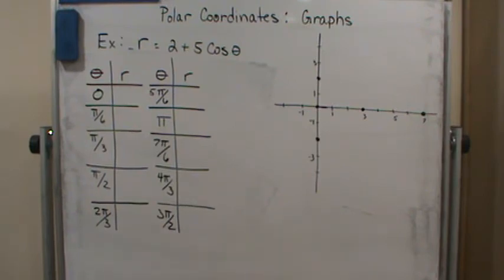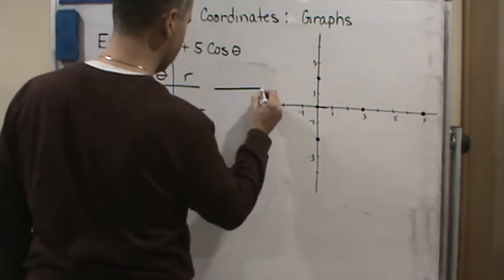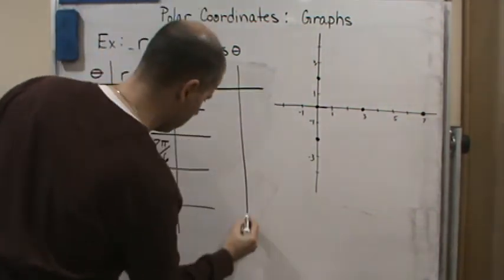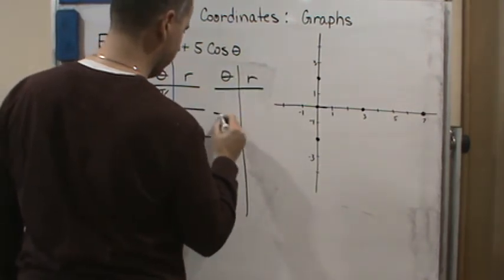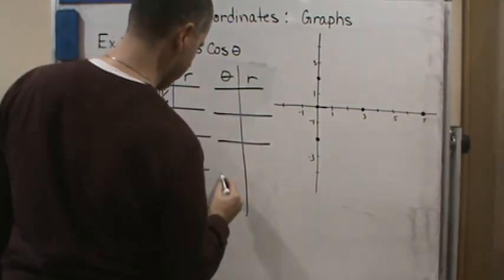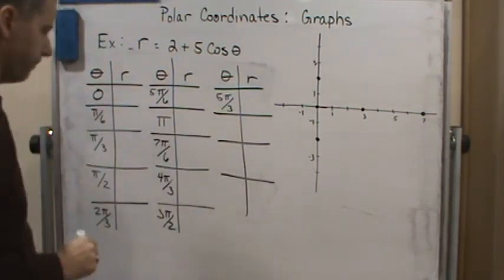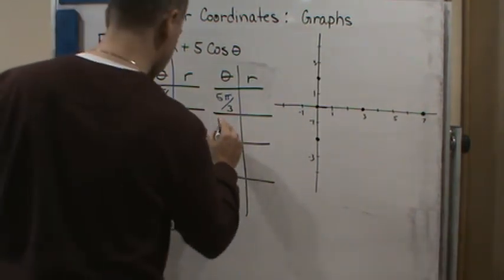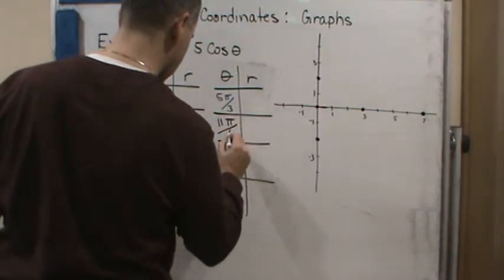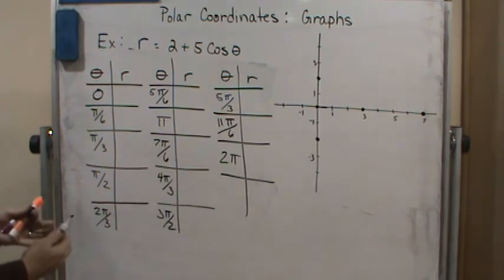And then 5 pi over 3, and then 11 pi over 6, and 2 pi.